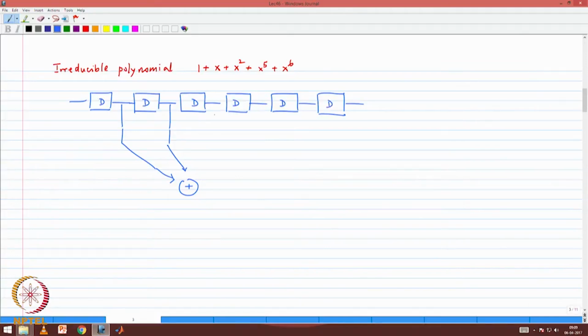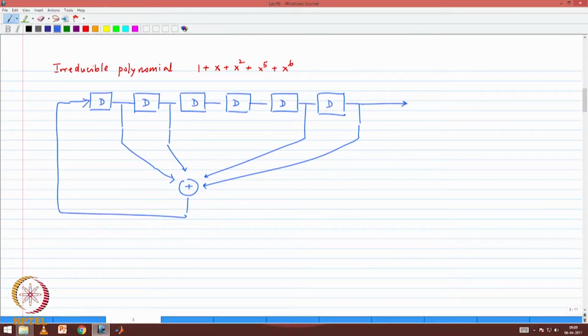Then I don't need the output of the third delay, fourth delay, I need the output of the fifth delay and the output of the sixth delay. This output is the sequence, and this tap actually is the feedback tap. So 1 equal to x plus x squared plus x5 plus x6 is the feedback connections.